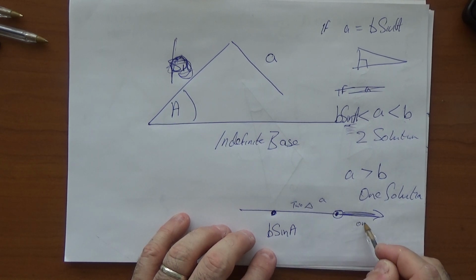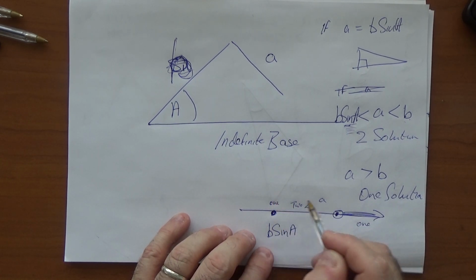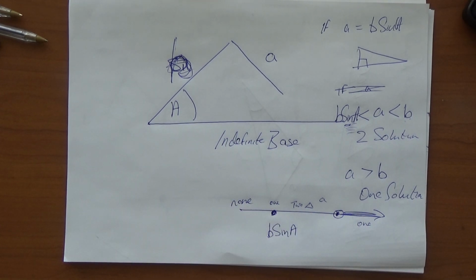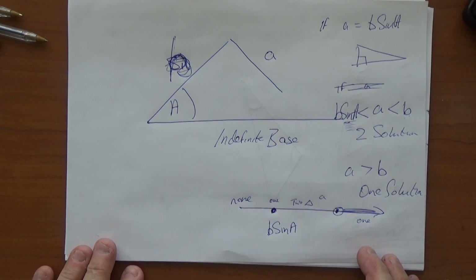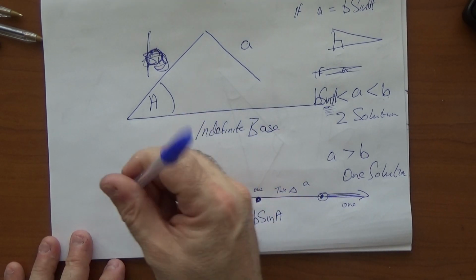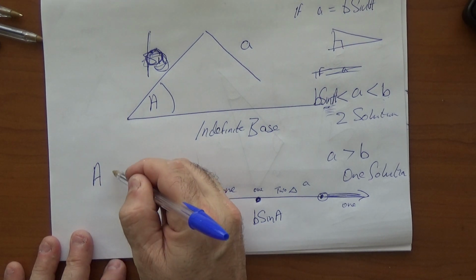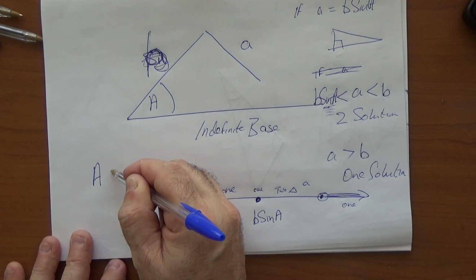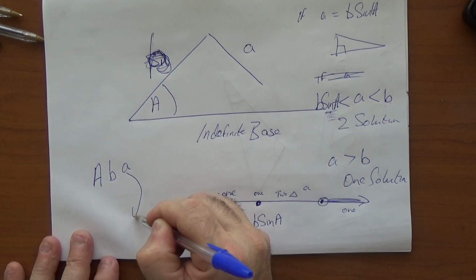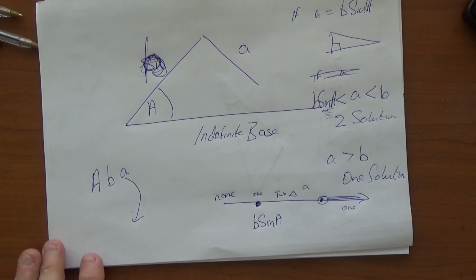Here you have one, here you have one, and here you have none. So these are a range of sizes that the second side can be. So we go A, B, A. So he determines the nature of the set of solutions.